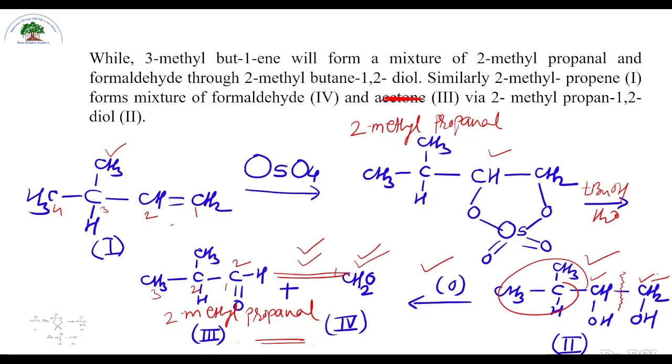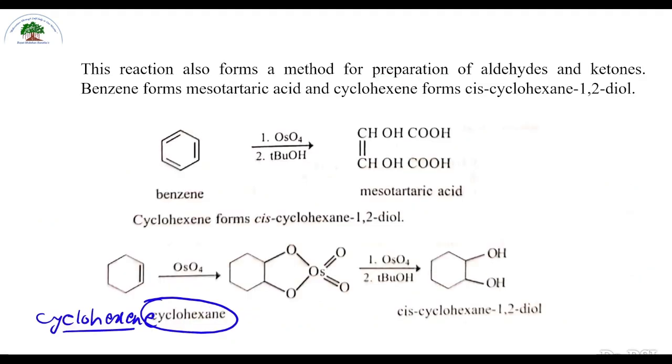In this way, we can locate the double bond in the reactant molecule. So this reaction also forms a method for preparation of aldehydes and ketones. Here benzene upon reaction with osmium tetroxide, we get mesotartaric acid. Cyclohexene upon reaction with osmium tetroxide, we get cis-cyclohexane-1,2-diol.